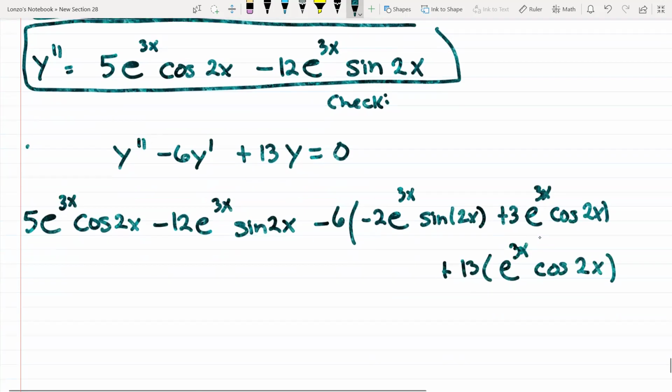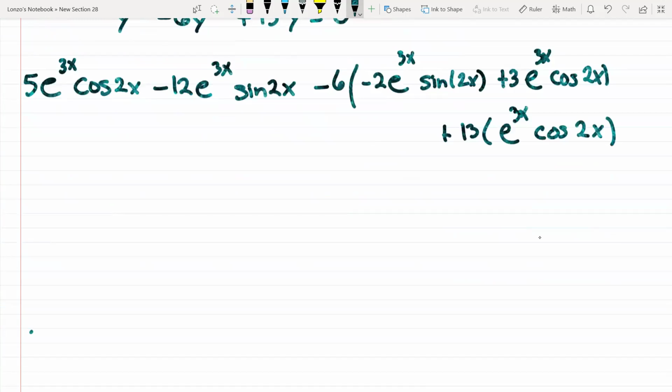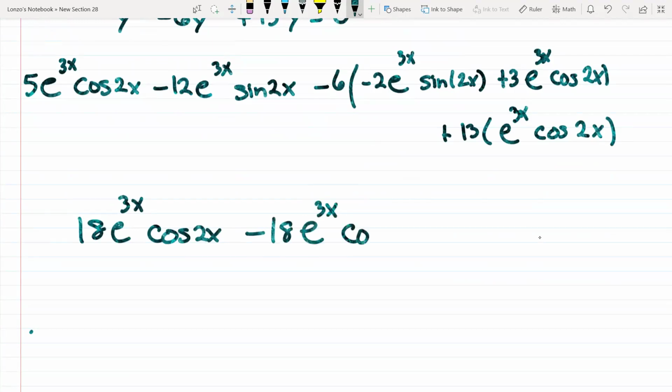Okay, so you clean this up, you're going to get 18e to the 3x cosine of 2x minus 18e to the 3x cosine of 2x equals 0. Everything cancels, right? So you get 0 equals 0. So that's true.